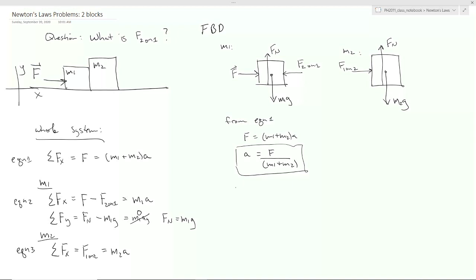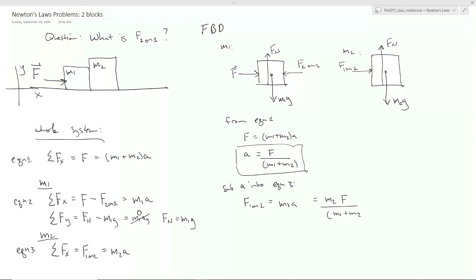So when we do that, notice we have F1 on 2 equals M2a. So this is going to equal M2 times F over M1 plus M2.